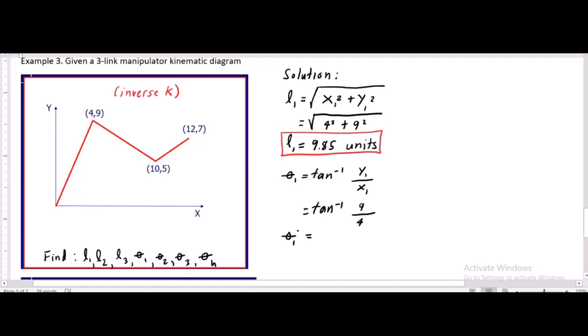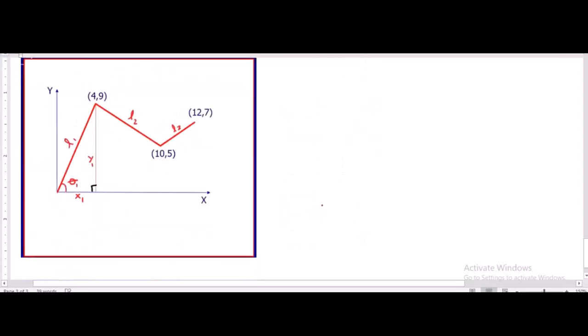So 9 divided by 4, inverse tangent, that is 66.04 degrees. So that's the answer for the theta 1. This is already solved. Now we are done with the L1 and theta 1 from this triangle.